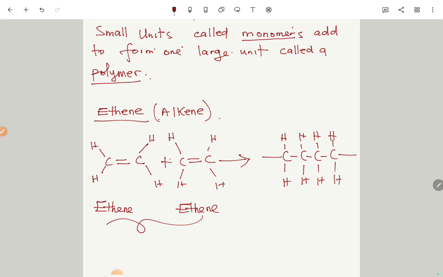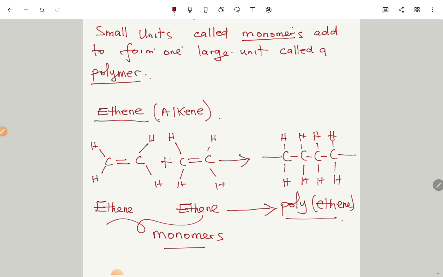So these two molecules of ethene are known as monomers. When they polymerize, they'll give us one unit which is known as a polymer, and it is called polyethene. So this is what addition polymerization is all about.